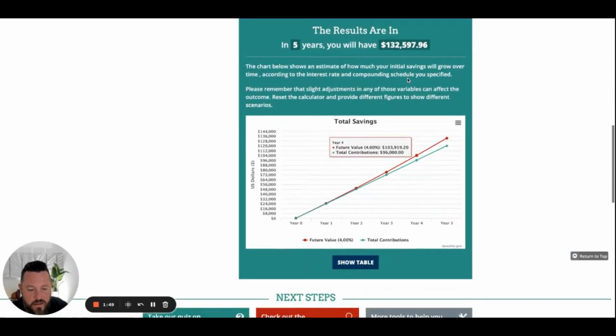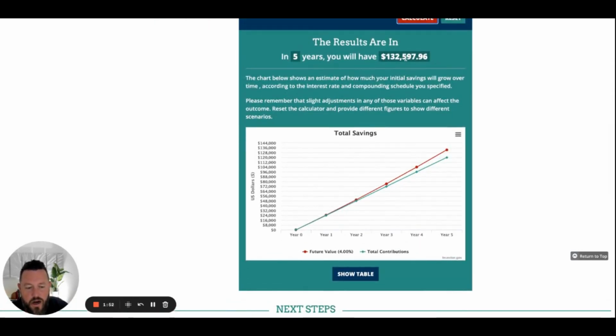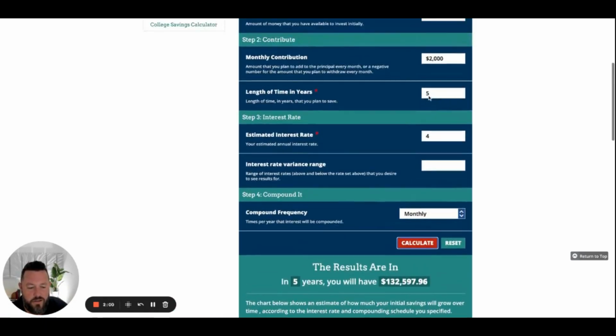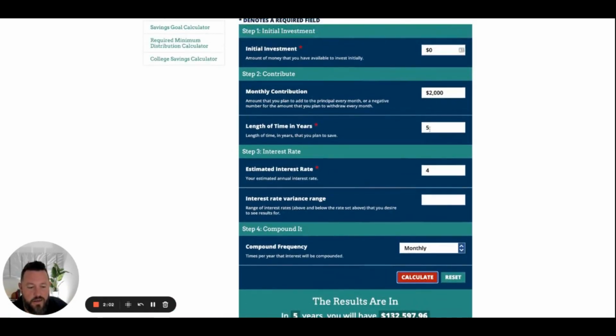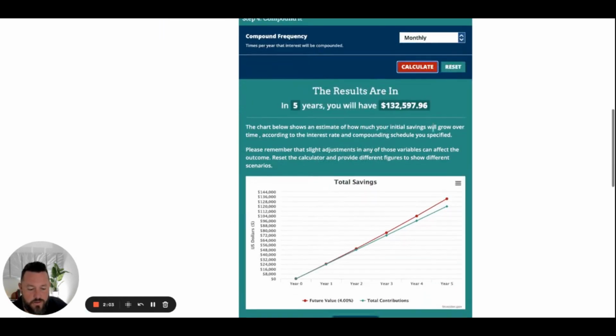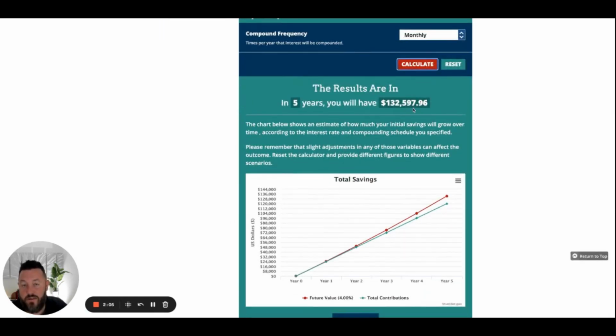At the end, you're going to have approximately $132,597. That'll be pretty close, right? $2,000 per month for 5 years, $132,597. That's pretty average for a lot of people working in the FRS.